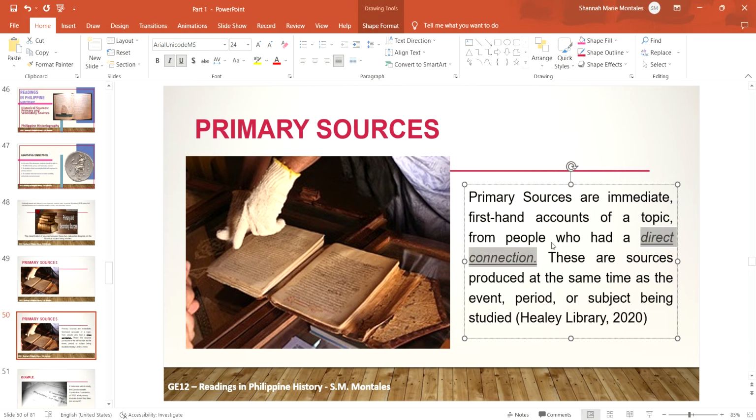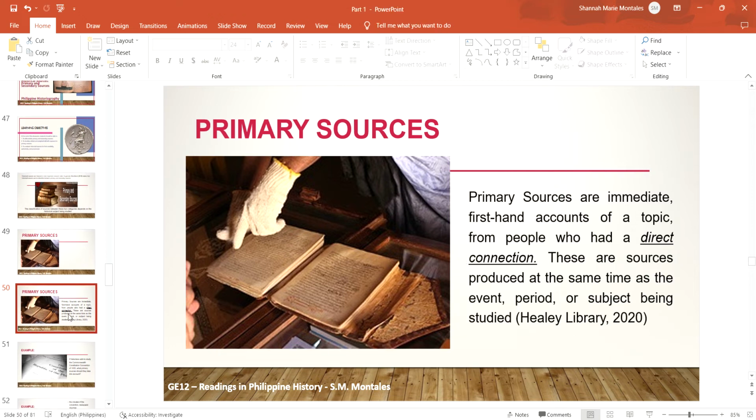These are sources produced at the same time as the event, period, or subject being studied. Okay, very clear here. First-hand, take note of the word first-hand. These come from people who truly experienced a particular event, period, or subject in history.